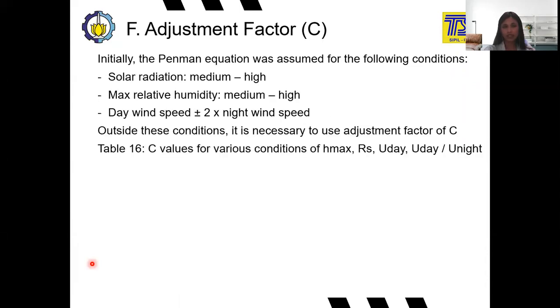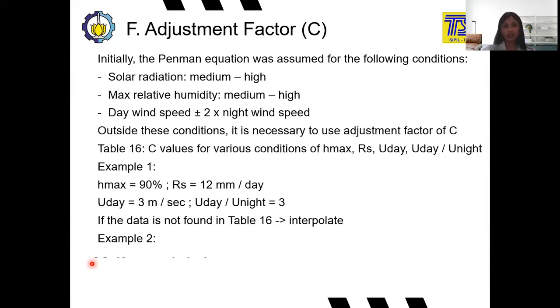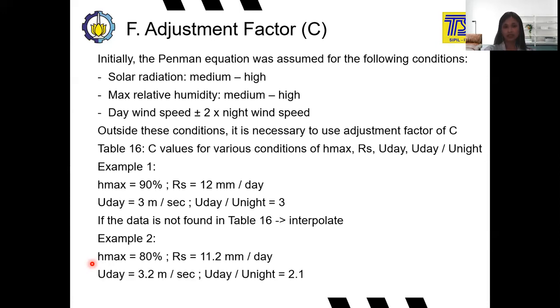Then the last one is the adjustment factor. This adjustment factor is needed because initially the Penman equation was assumed for the following conditions: for example, solar radiation medium to high, maximum relative humidity medium to high, and daytime wind speed equal to about 2 times the night wind speed.